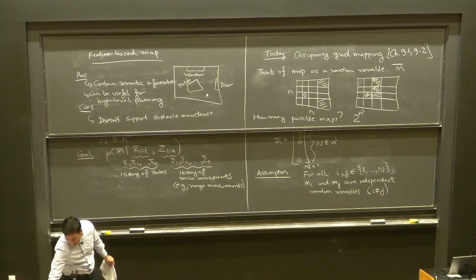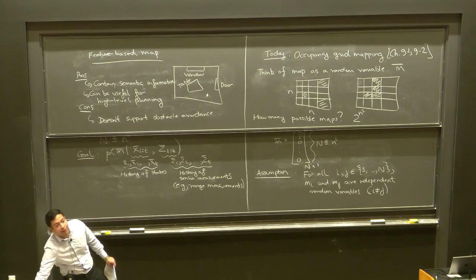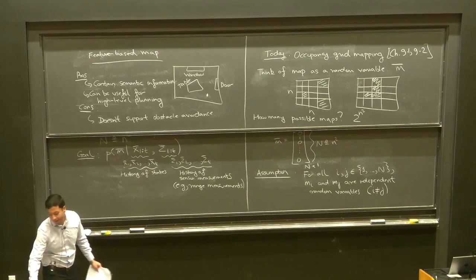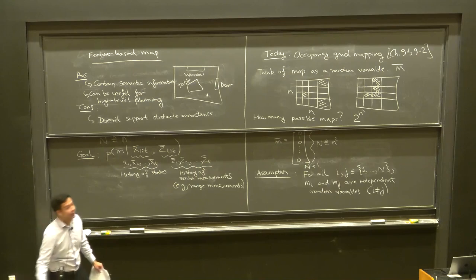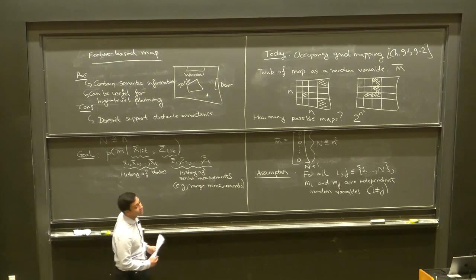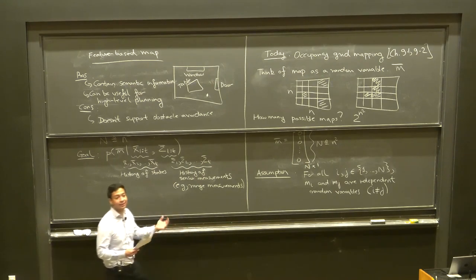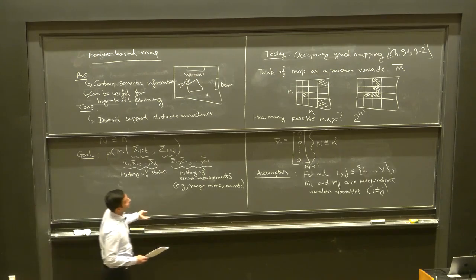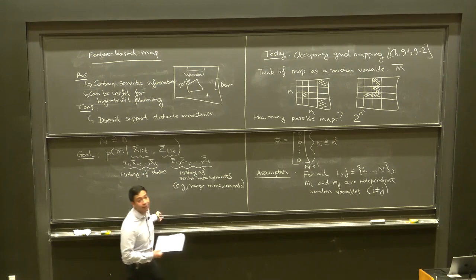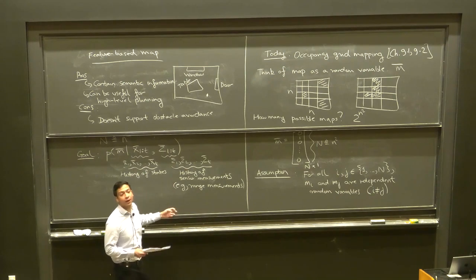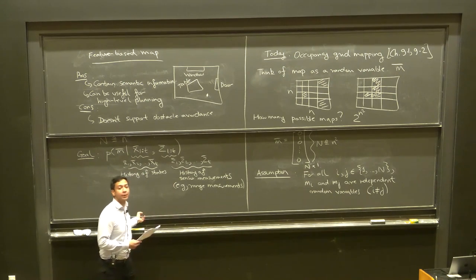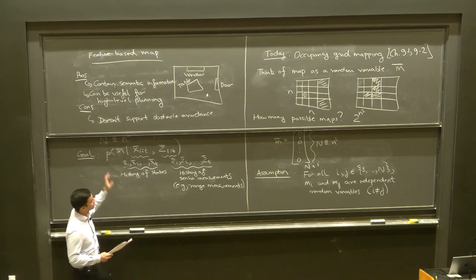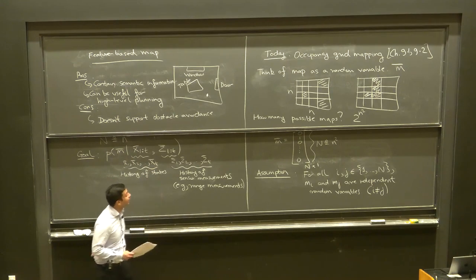If a bunch of these cells are occupied, then it's likely that the next one is also occupied. So this is not actually true. It's not actually the case that these random variables are independent, but this is going to solve our problem of computational inefficiency, which I kind of hinted at before.